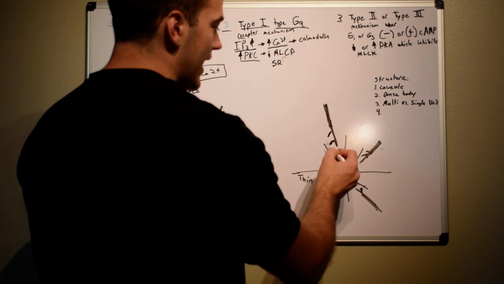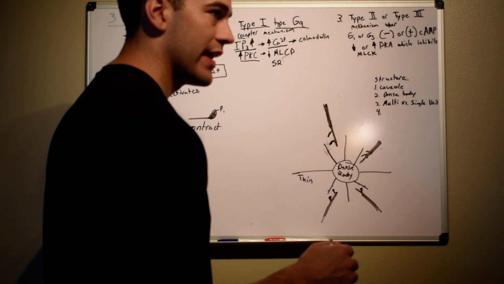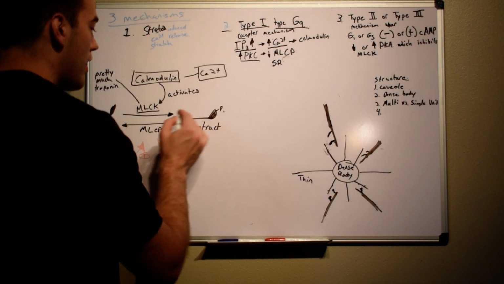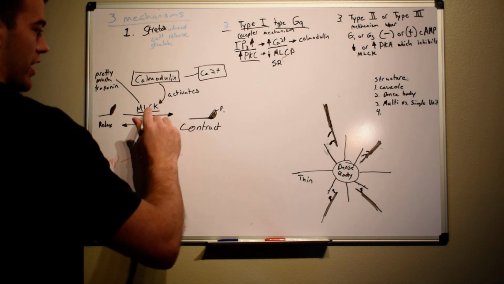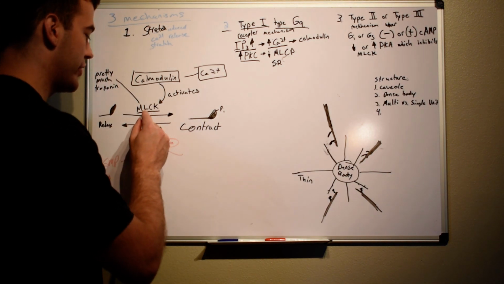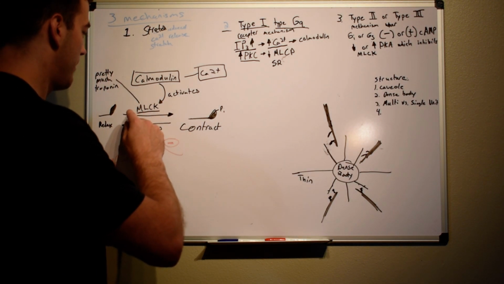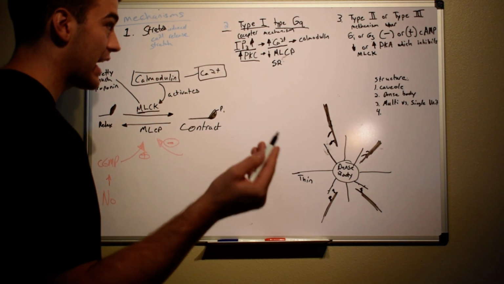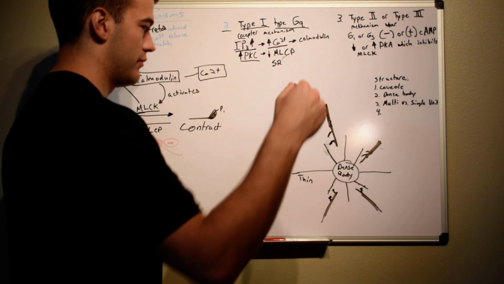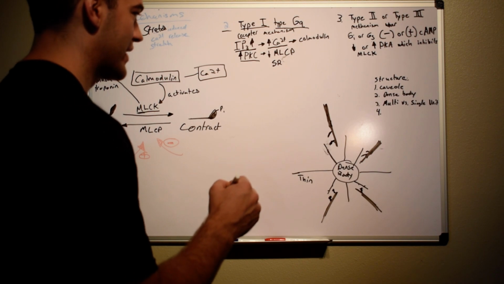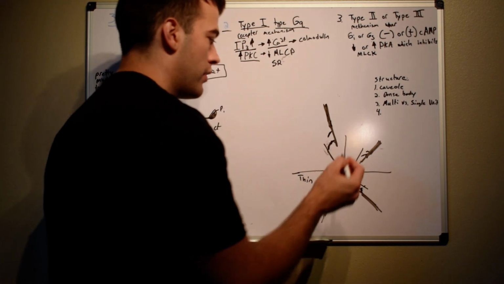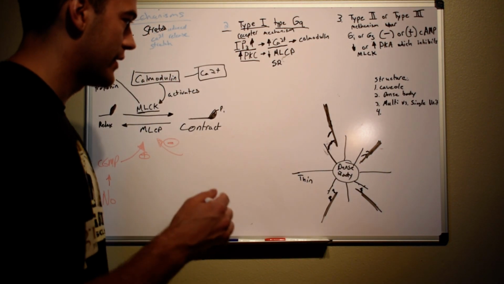Now, the myosin head can't bind to the actin binding site in this case unless it is phosphorylated by myosin light chain kinase. So unless we have calmodulin allowing myosin light chain kinase to phosphorylate the heads of the myosin thick filaments, we are not going to be able to make a cross bridge to our actin binding site.